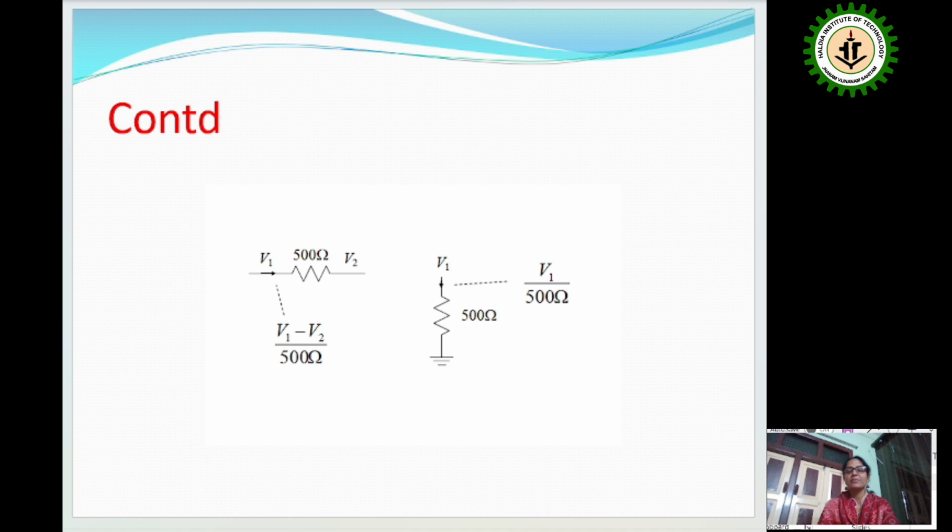Then the next example is 500 ohm, one end connected to the ground potential and another node voltage, suppose V1. Then what is the current? V1 upon 500 ohm. It is actually V1 minus 0 upon 500. That means V1 upon 500.